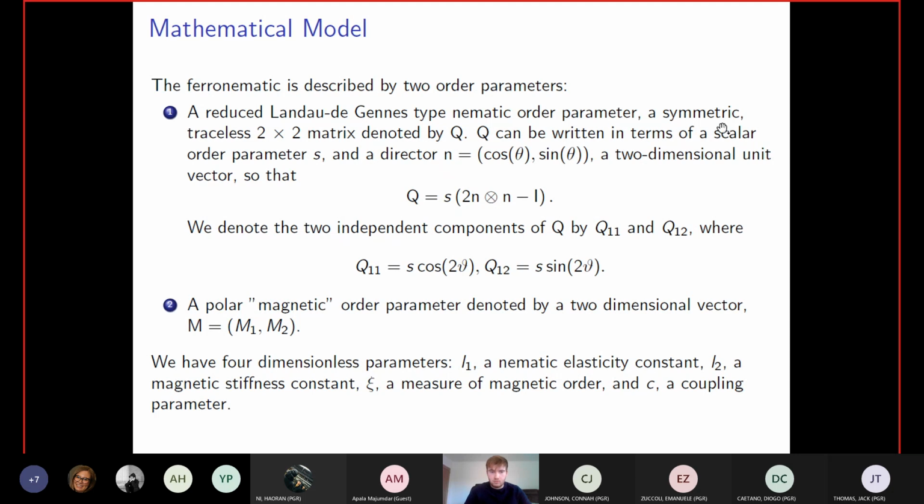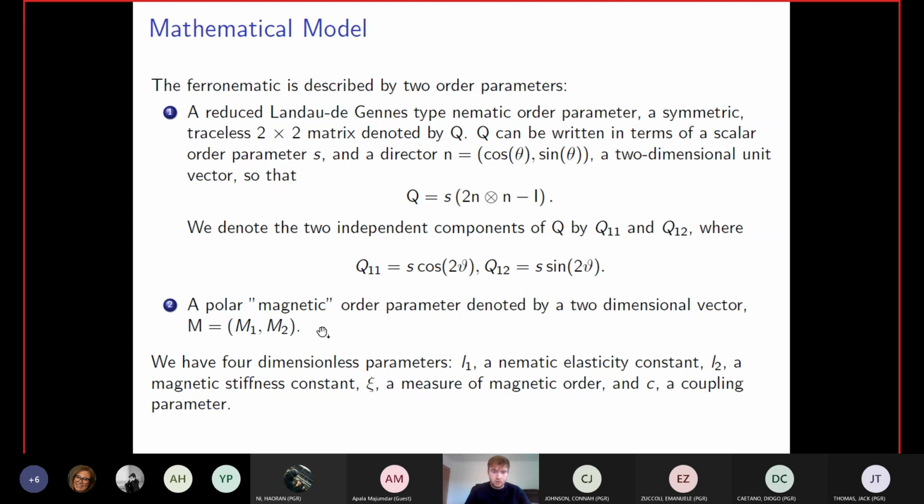This Q can be expressed in terms of the scalar order parameter S, which just measures the variation in positional order about the director, as well as the director itself, which is a 2D unit vector pointing in that preferred direction of average molecular alignment, so that Q can be expressed as the following tensor. Because of the symmetry and tracelessness, and using the definition of n, there are actually only two independent components we need to worry about, Q11 and Q12, whose definitions are given here.